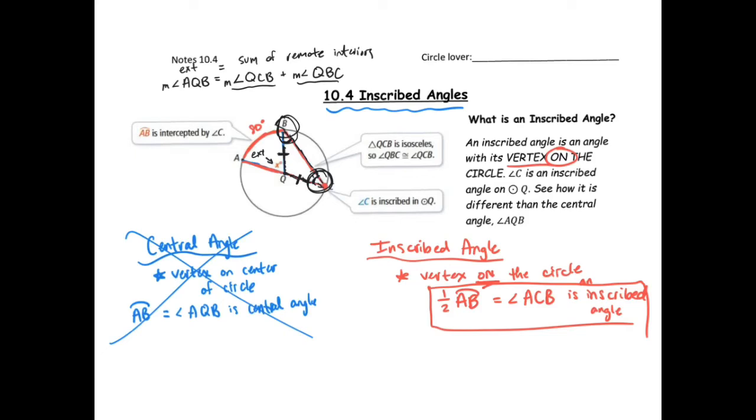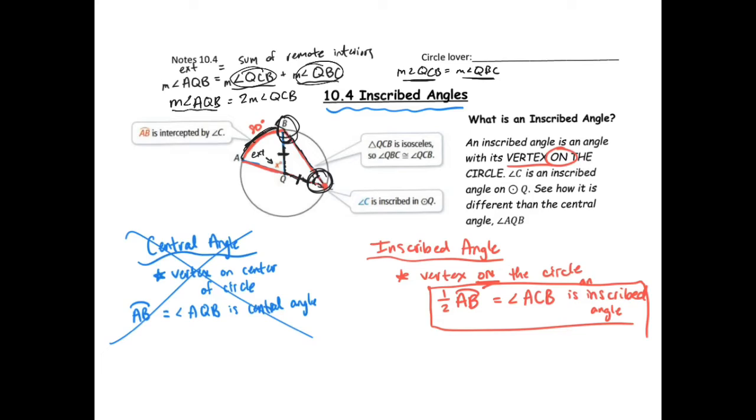This angle and this angle are the same, so I could use some substitution. Because the measure of angle QCB is equal to the measure of angle QBC, they're interchangeable. So instead of saying two different angles, I'm going to say 2 times the measure of angle QCB, because they're identical and there's 2 of them, equals the measure of angle AQB. Now we know that the measure of AQB is the same thing as arc AB.